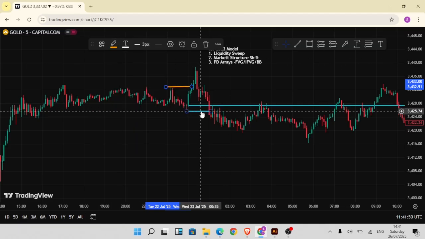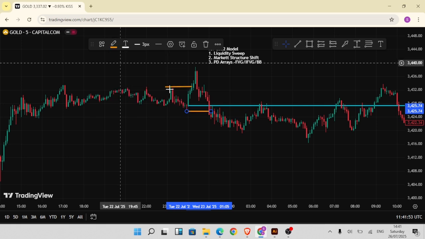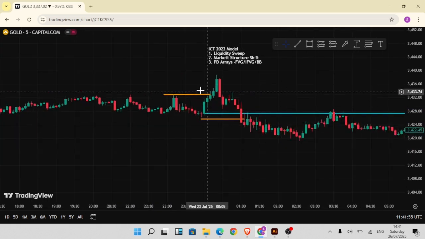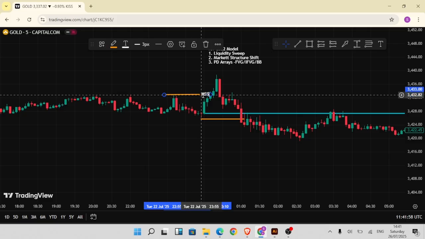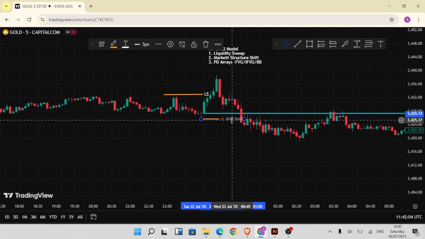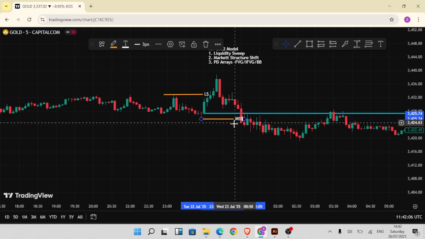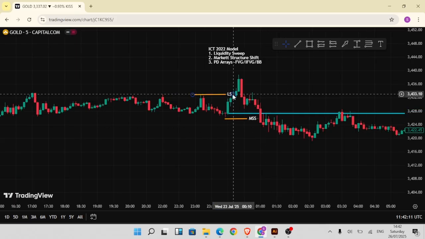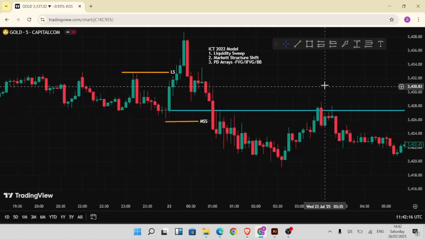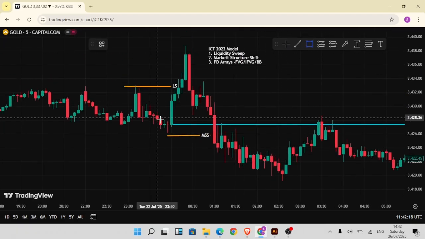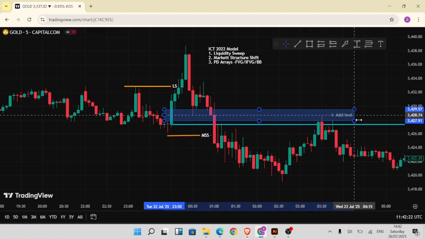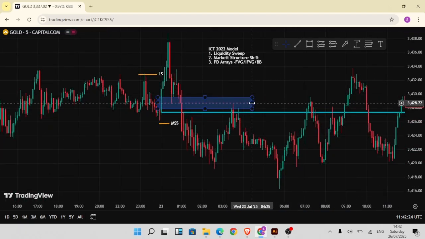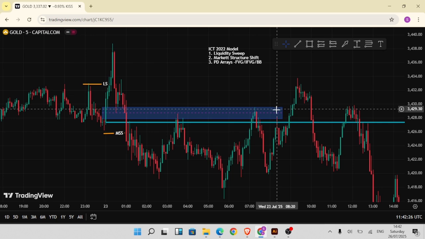So liquidity sweep, and then we have market structure shift, and then this to this side, and then we had this inverted fair value gap here, and we noticed price was reacting off this fair value gap.